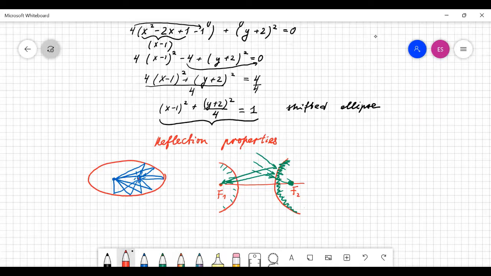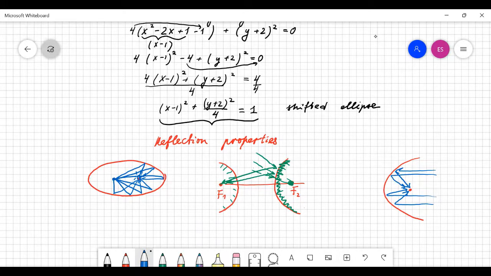A parabola also has a focal point, but the light which comes to a parabola as parallel light will concentrate in that focal point. So you can catch lots of parallel light in the center of a parabola.